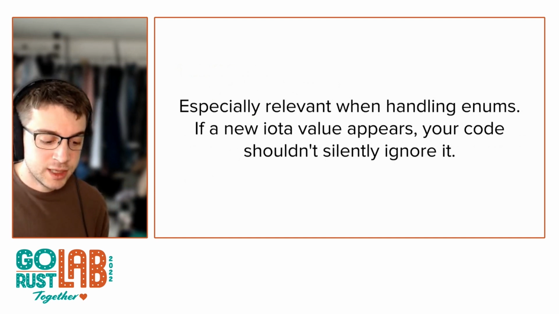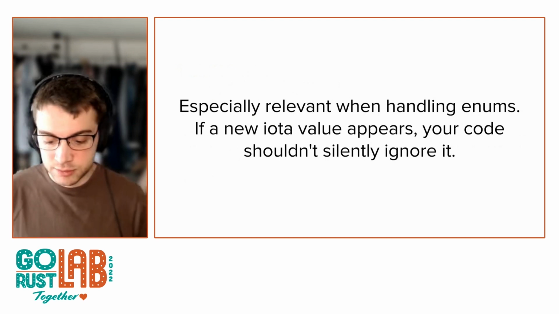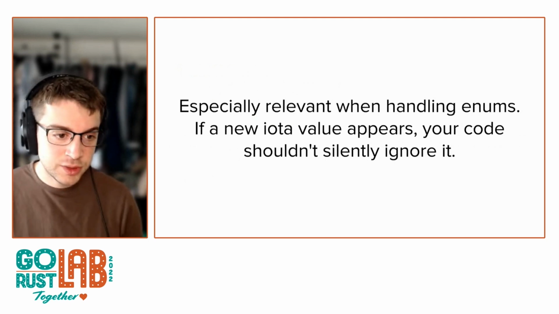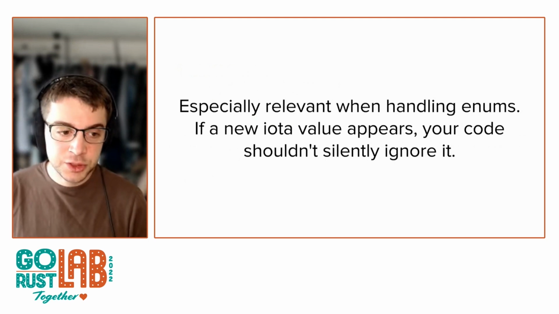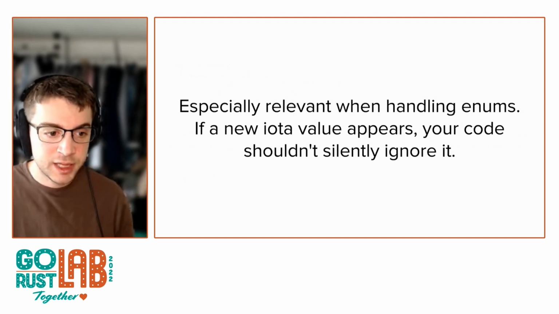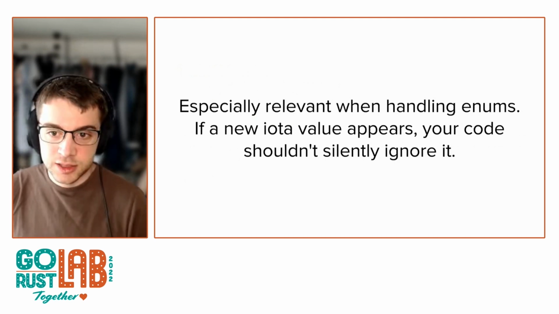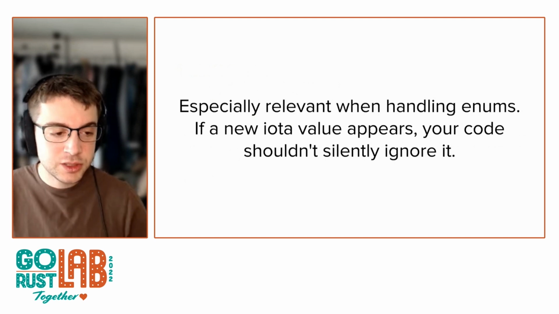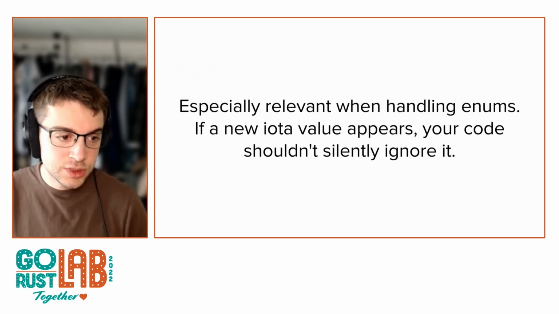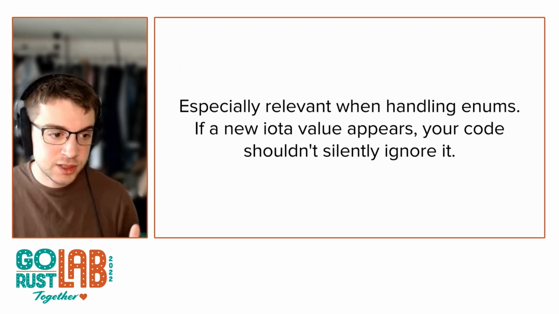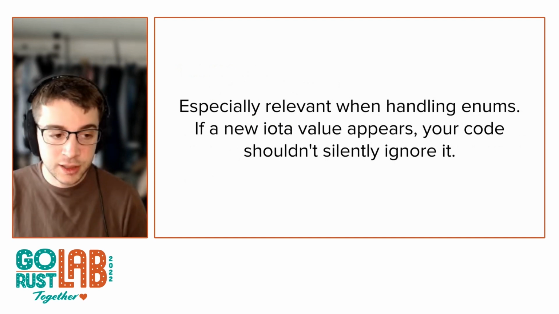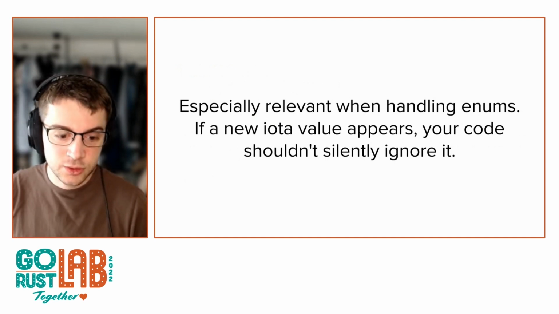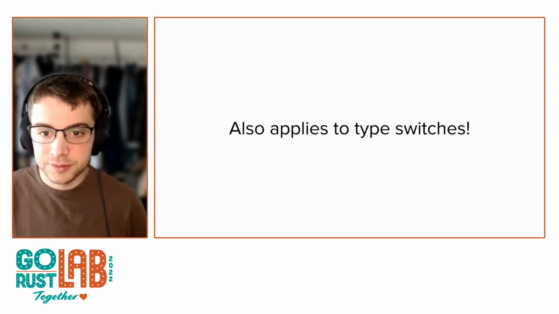Enums in Go are integer types that have iota values, right? But at any point in the future, your code base might gain a new enum value, a new iota line. If such a new value appears, you want your various pieces of code that switch over those enum values to start failing in some helpful way. If they start silently doing something that's wrong, that could cause bugs in production.